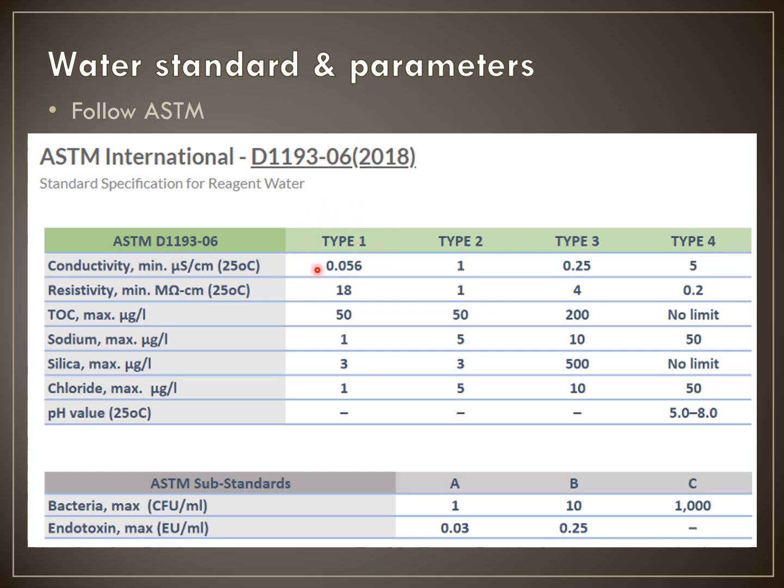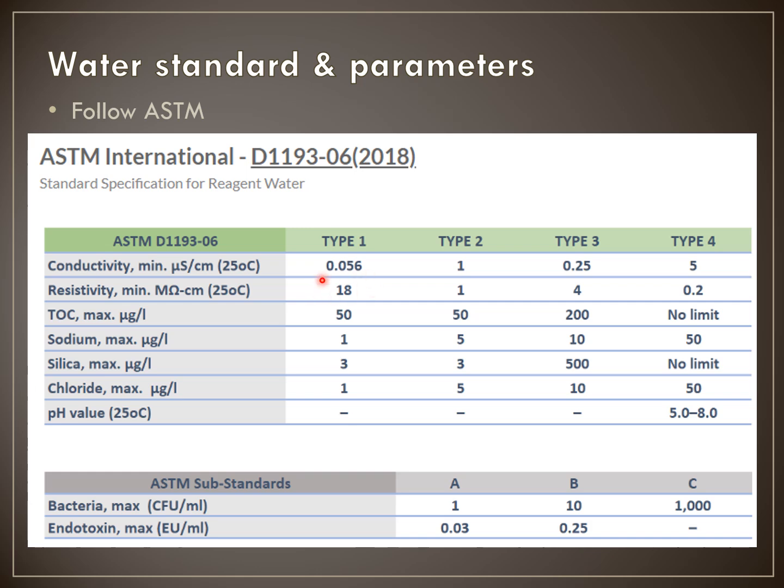You pay attention to the conductivity or the resistivity. These two are the same. If you are familiar with conductivity, you go with conductivity. And if you are not familiar with conductivity, you pay attention to resistivity. When you use the water purification system, you will be clear whether it's time for you to replace the purification filling materials or the resins or the purification column.